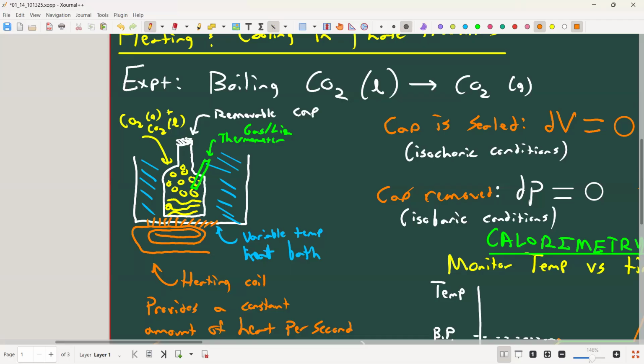If we took a quick snapshot at boiling, we have this layer of CO2 gas that's expanding. If it's constant pressure, that means the cap is open. So some of that energy being used for boiling or to heat the system has to be used to allow the gas to escape and to exchange with the atmosphere. So there's some work being involved in a constant pressure system.